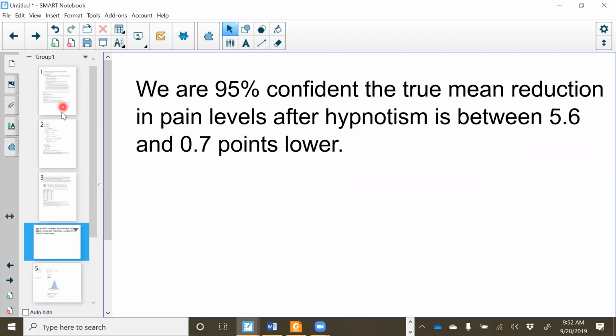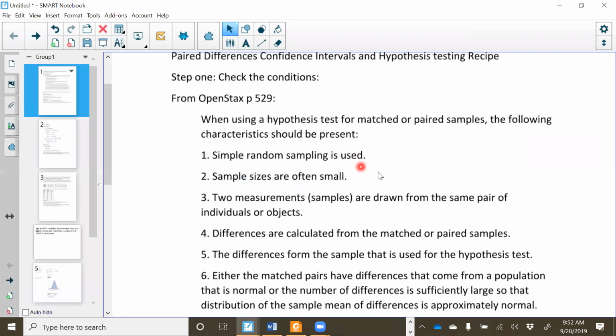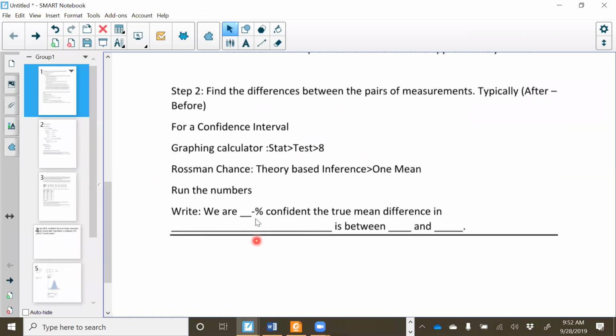I have that somewhere here. Where did I write that? Yeah, here. We are blank percent confident the true mean difference, or somehow word that until you're talking about difference, is in between blah and blah. And these numbers will come from the confidence interval from the applet. Remember, low number here, high number here. So go try that, and I'll do it too.